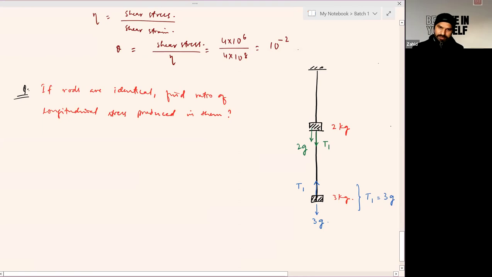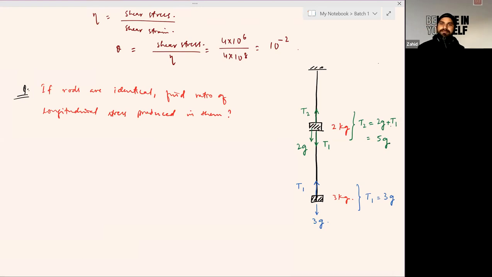Now to compensate it, there will be tension in this upper string as T2. Now total upward force equals total downward force. Total upward force is T2. It should be equal to total downward force, that is 2 times gravity plus T1. We have T1 as 3 times G, so 3 plus 2 in total will be 5 times G.